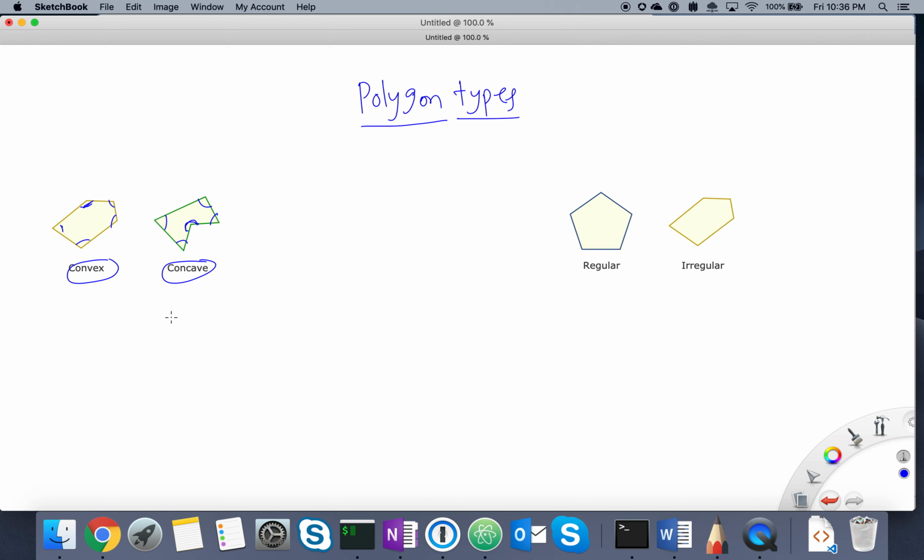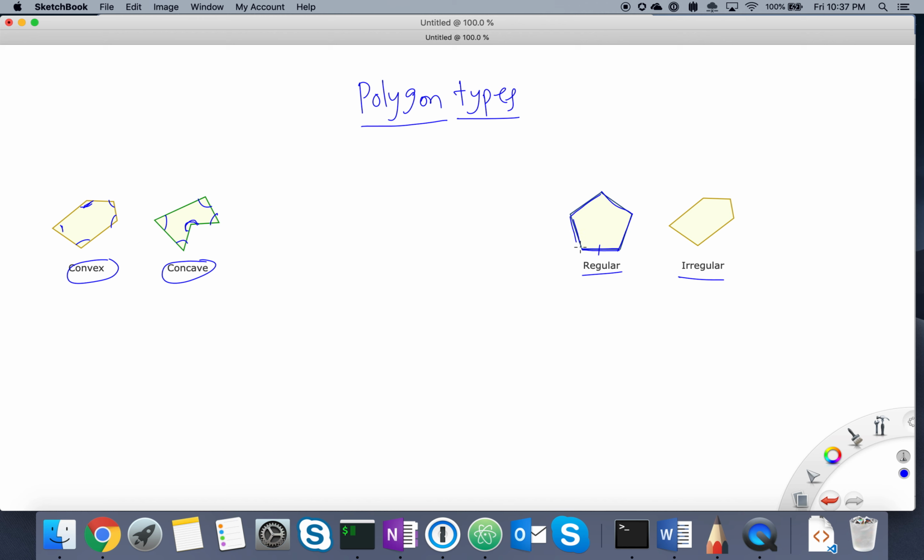Now, I'll bring another type of polygons. There is something called regular polygon and irregular polygon. In a regular polygon, all the sides of the polygon are congruent. This is the same length as this one and every other side.